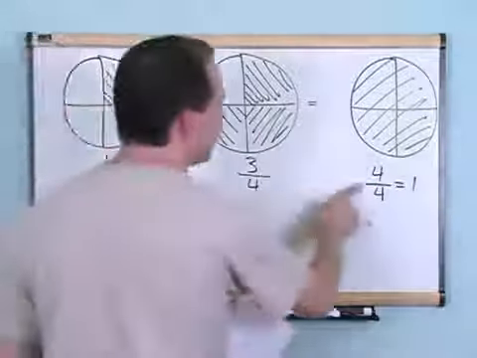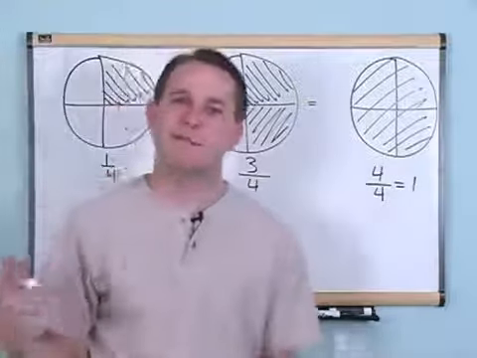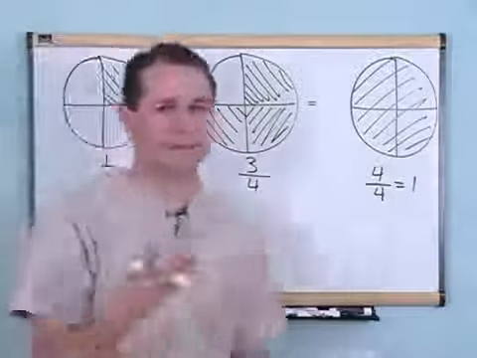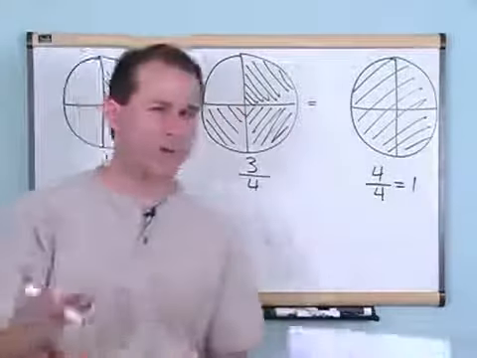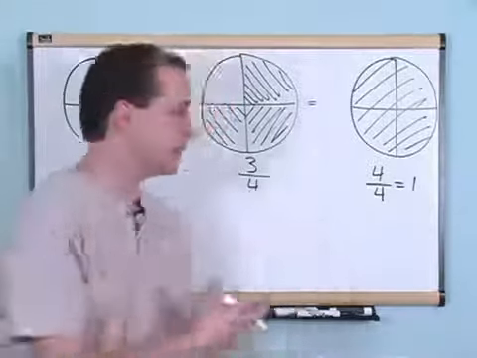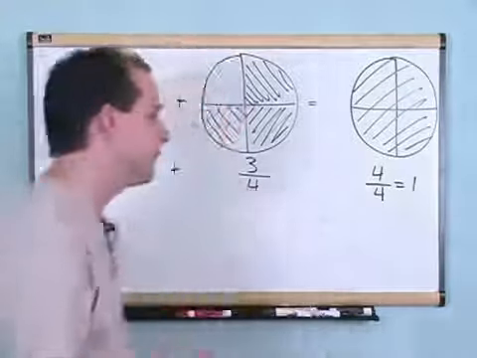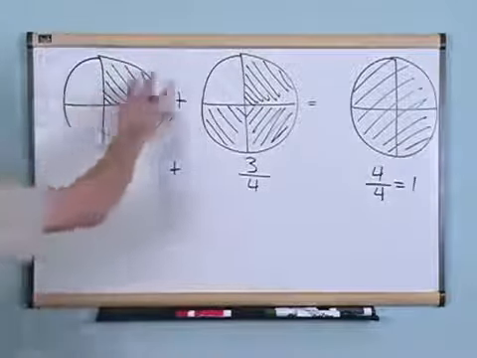Remember, a fraction is kind of like division, but in these cases you can't really do the division because you have 3 divided by 4, so you'd leave it as a fraction. But in this case, 4 divided by 4, you know what that is, so just make it equal to 1. So this makes sense in terms of pictures.